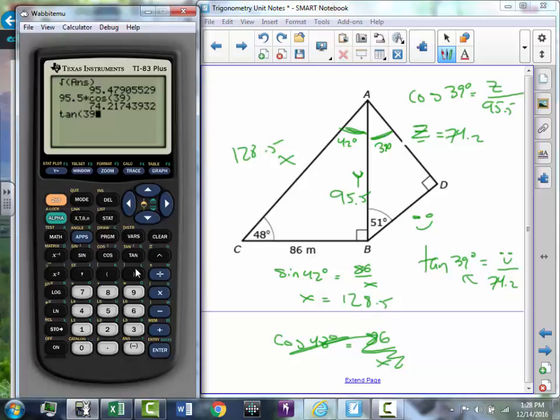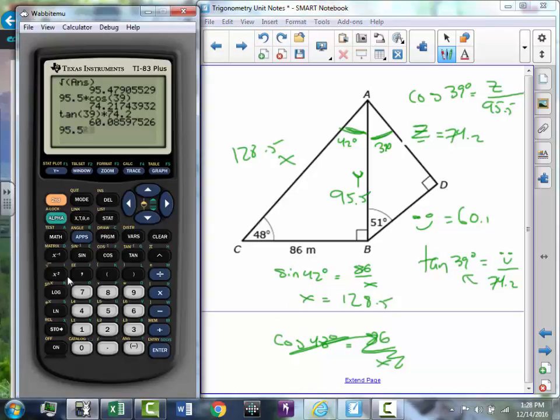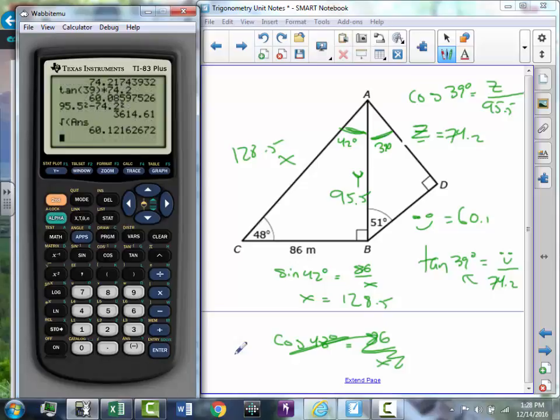Tan of 39 times by 74.2. There, this side here was 60.1. I didn't have to do that. I could use Pythagoras' theorem. I could have done 95.5 squared minus 74.2 squared and square rooted it. Yeah, look, it's still 60.1.